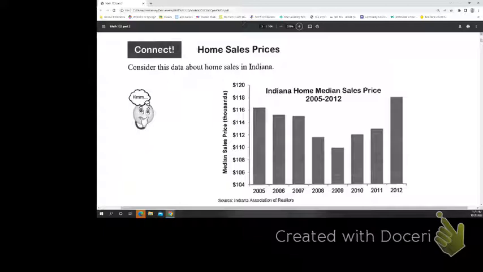So when you're given information, yes, you need to look at the actual numbers, but you also need to realize that people create graphs like that to exaggerate a difference, right? If I made this scale, nothing's under 108, I could make the scale start way up here.